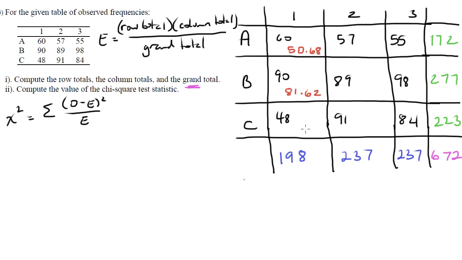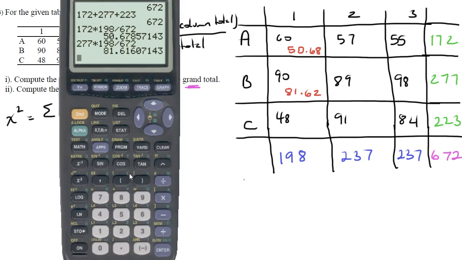For 223 times 198. The combinations of numbers will be different for each cell, right? Except for these two, because these two values are the same. Divided by 672, 65.71.